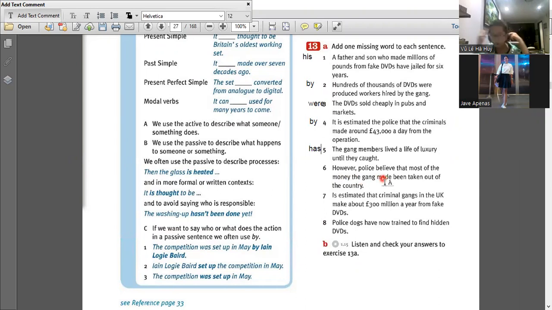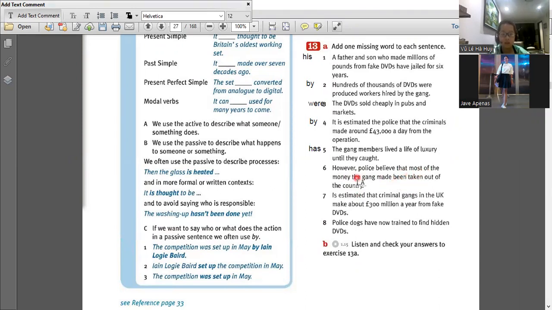However, police believe that most of the money the gang made has been taken out of the country. However, the police believe that most of the money the gang made been taken out of the country. They have been.